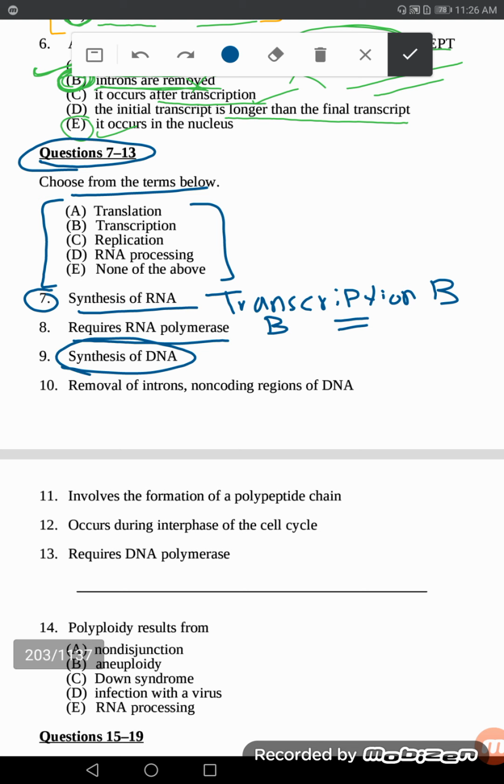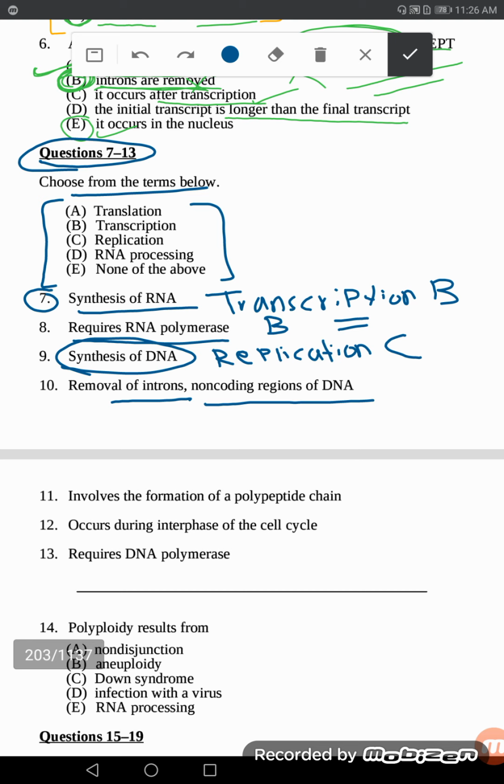Synthesis of DNA. DNA is synthesized during the replication process. So the answer for this question is replication, which is C. Removal of introns: as we mentioned, the introns are non-coding regions of DNA, which means they are not coding any gene or any protein.